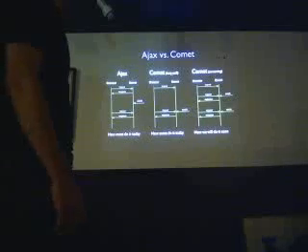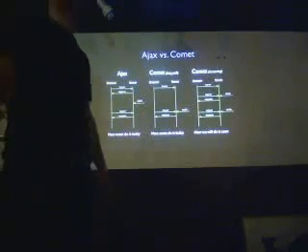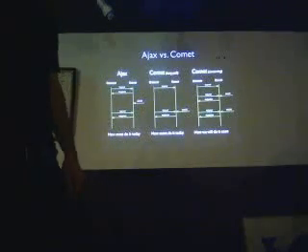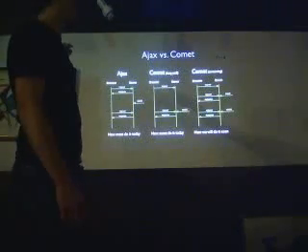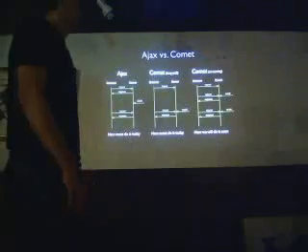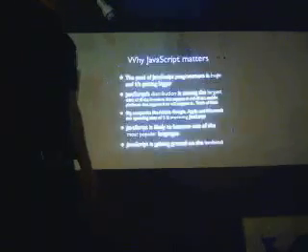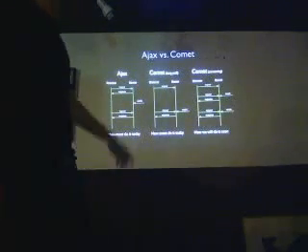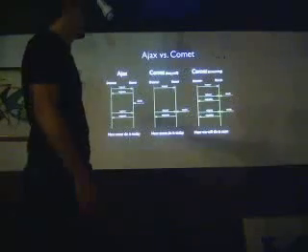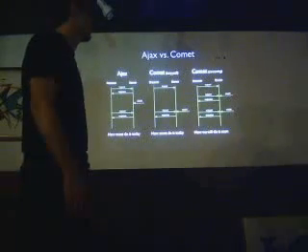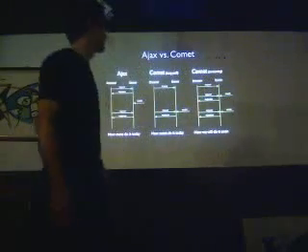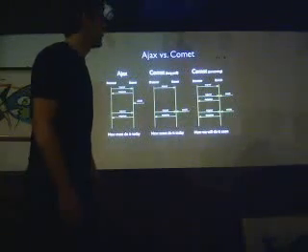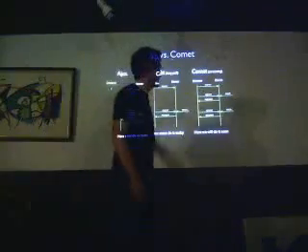Comet, which is also called long polling or Ajax push, is a technique where you open a connection and then you leave it open, and when the server receives an event, it sends the response back. Actually, this should be deleted here, and also here.